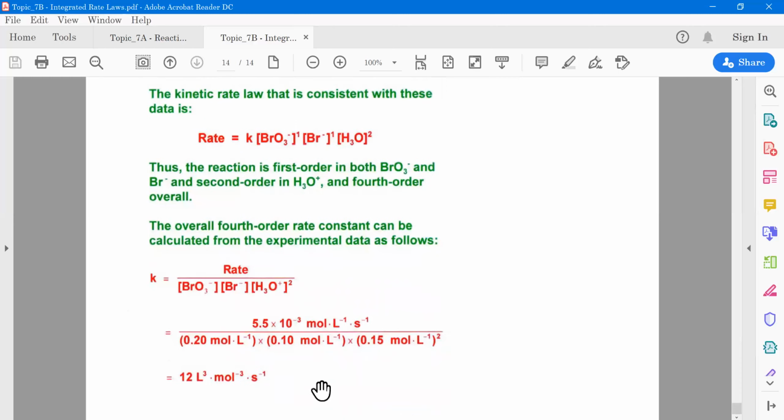And the fact that the units have liters cubed per moles cubed is a reflection of the fact that there are three components here, and all of them are on a per second basis. So that's the reason why the rate constant involves the units of what look like moles cubed per liters cubed reciprocal, and the reciprocal time, which, as I said, will always occur in all reactions.